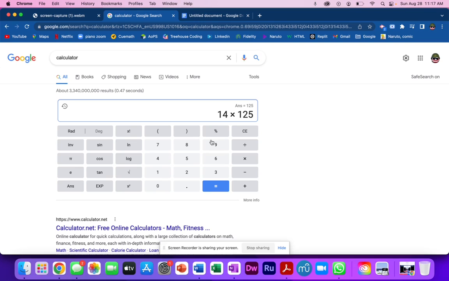Okay, guys. So 14 times 25 equals 12 times 25 plus 25 times 2. 12 times 25 is like 4 times 3 times 25. 4 times 25 is 100. 100 times 3 is 300. 300 plus 25 times 2 is 300 plus 50, which equals 350.